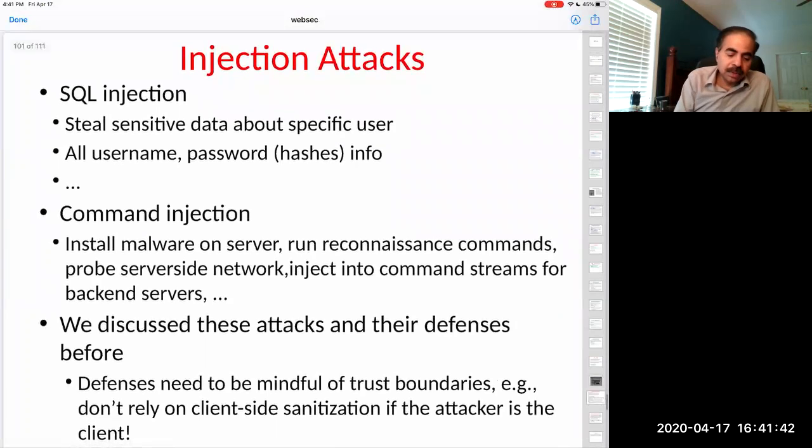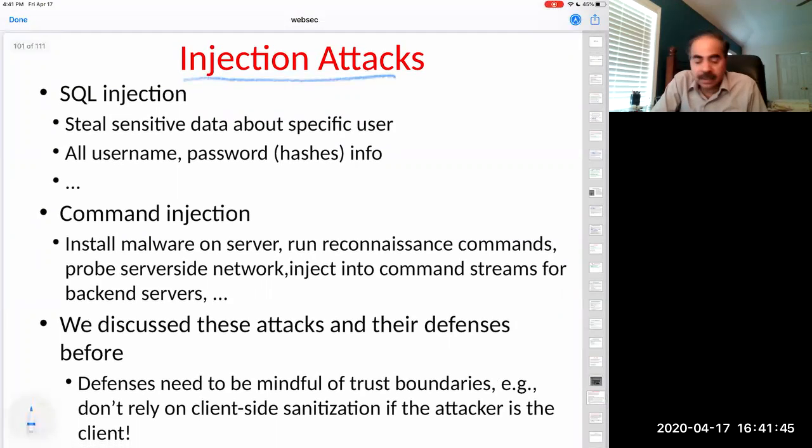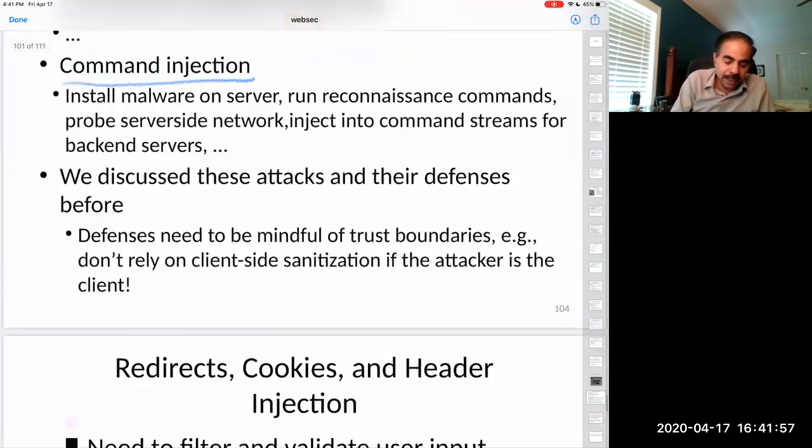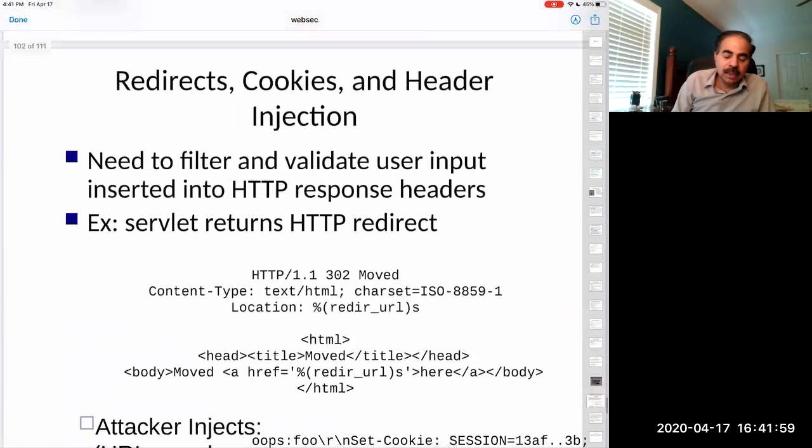So the injection category is one that we have discussed extensively. We talked about binary code injection, we have talked about SQL injection, we have talked about command injection, and so on. And in the case of web applications, you can also do header injection, cookie injection, and so on.